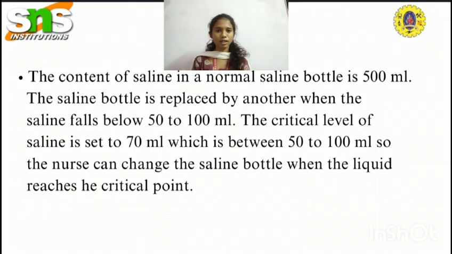A normal saline bottle consists of 500 ml of saline. A saline bottle is replaced by the nurse when the saline falls below 50 to 100 ml. The critical level is set to 70 ml, which is between 50 and 100 ml, so the nurse can change the saline bottle when the liquid reaches the critical point.